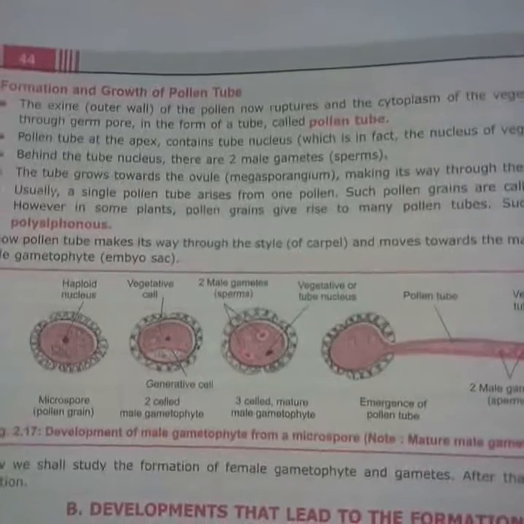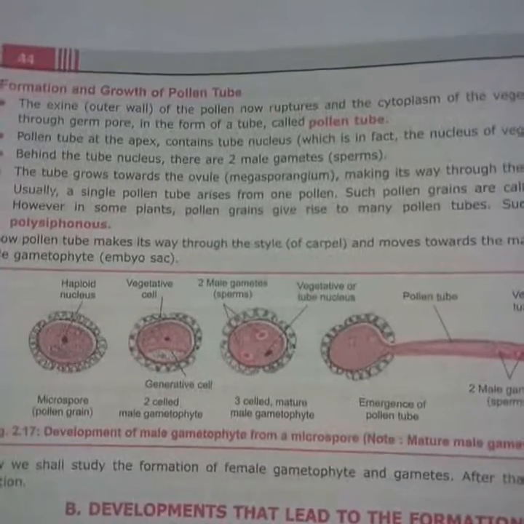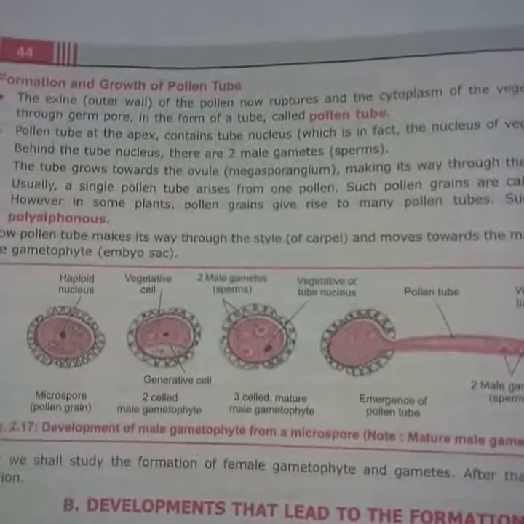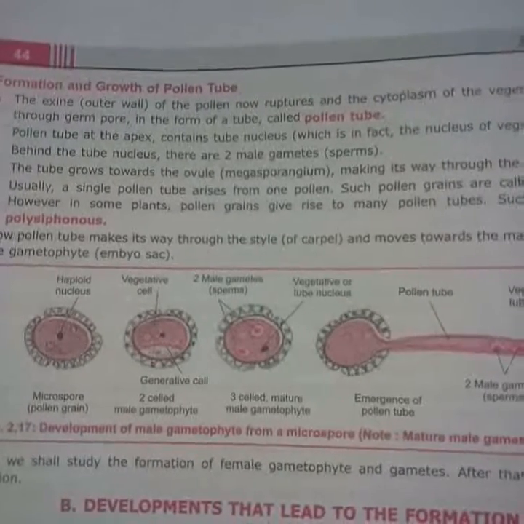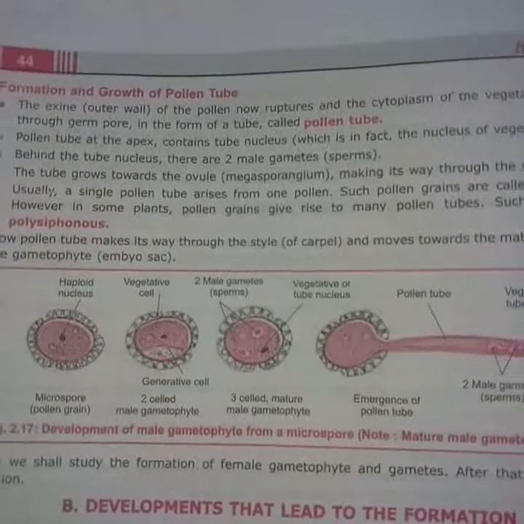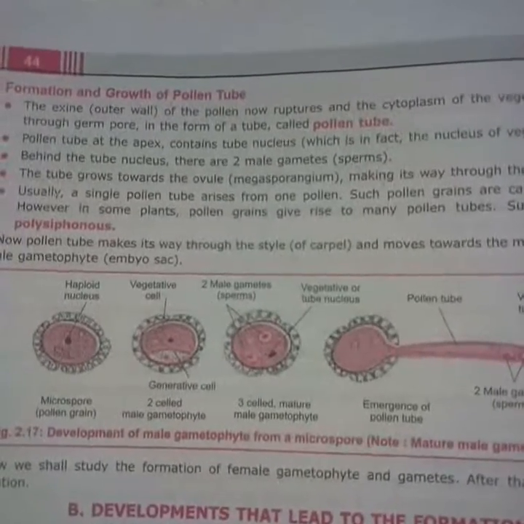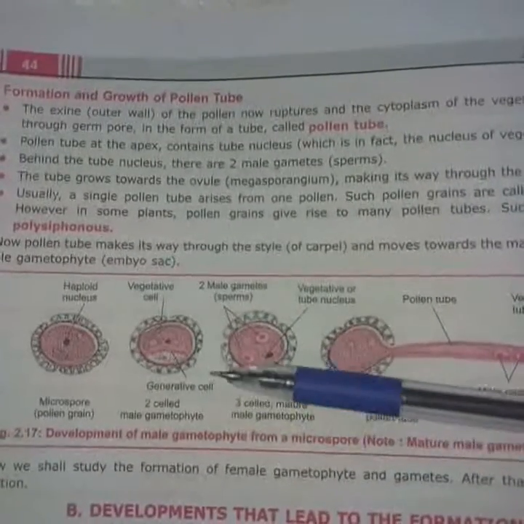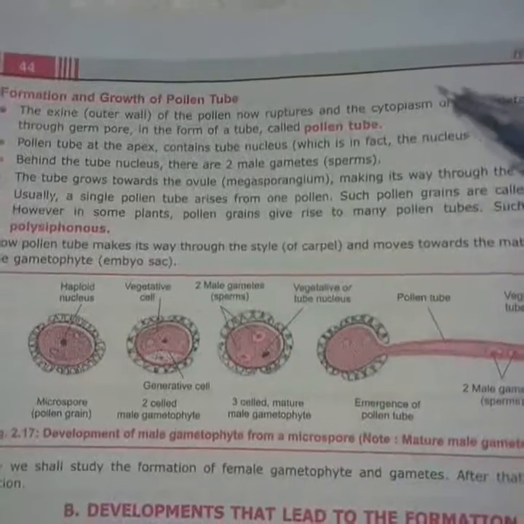It now divides mitotically to form two elongated haploid male gametes or sperms. So, germinative cells develop male gametes or sperms.